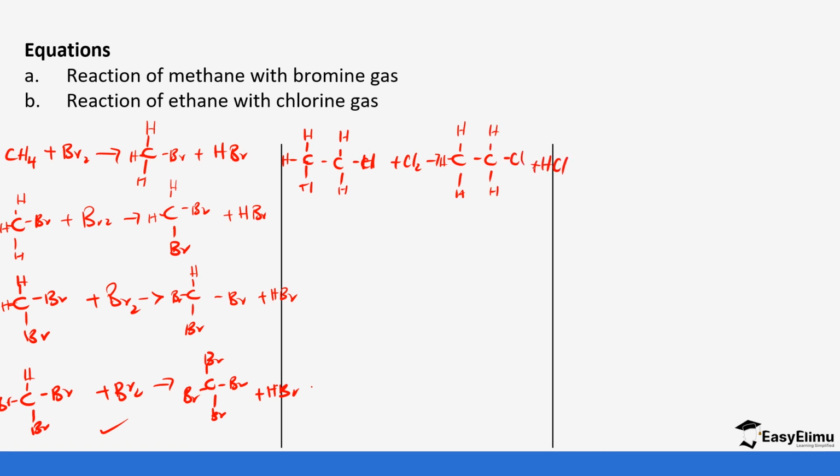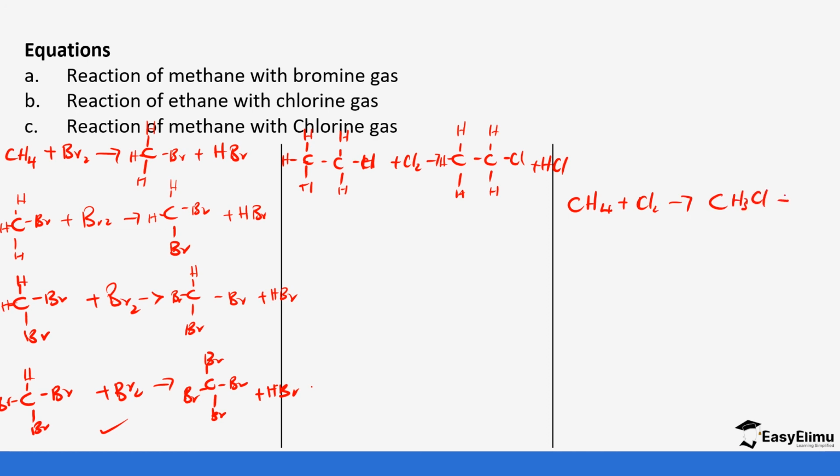So this reaction can go on and on until all the hydrogens are replaced. So CH4 plus Cl2 to form CH3Cl plus HCl.